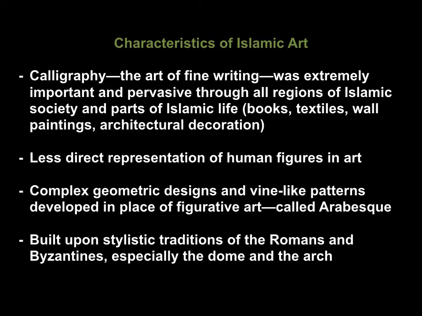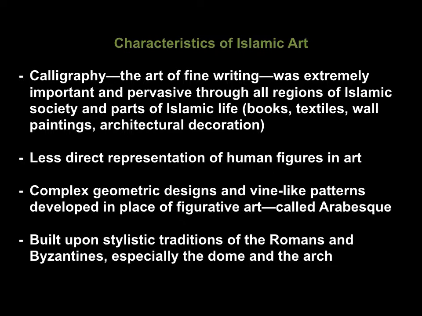Although stylistic preferences vary from region to region, there are some shared characteristics among the art and architecture of the Islamic empires. Unlike the art of our ancient civilizations, art of the Islamic empires did not represent religious figures as the main subject matter.